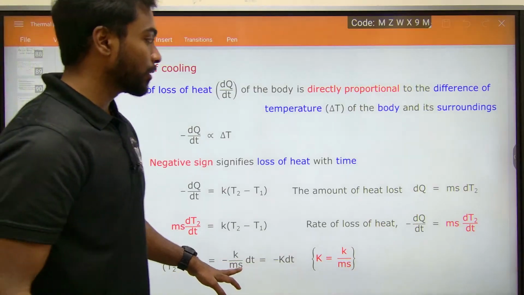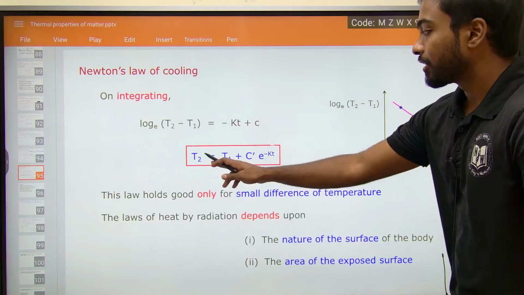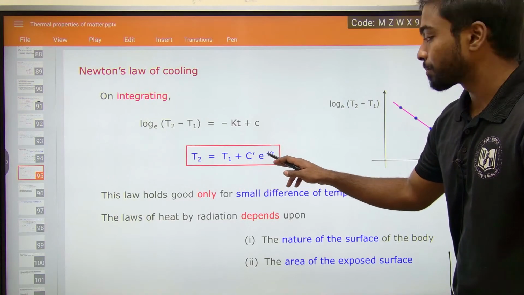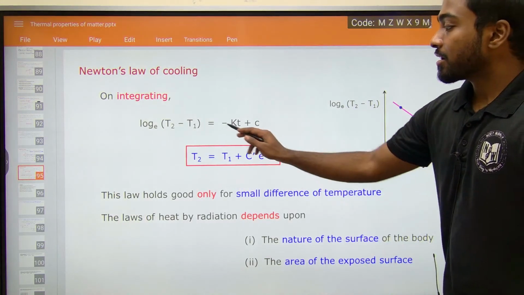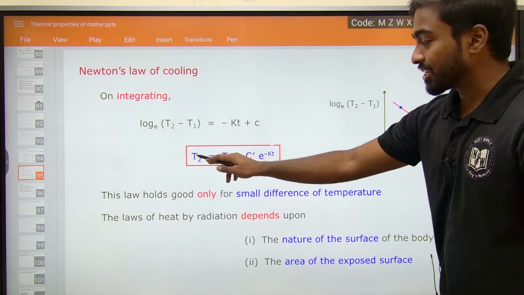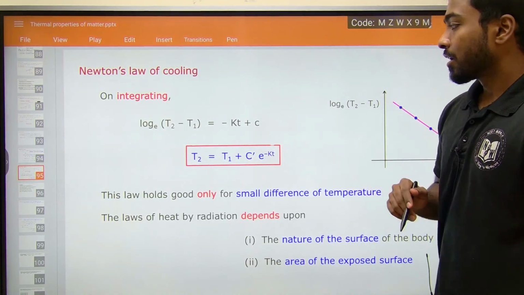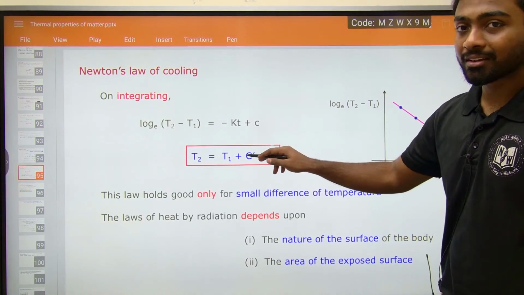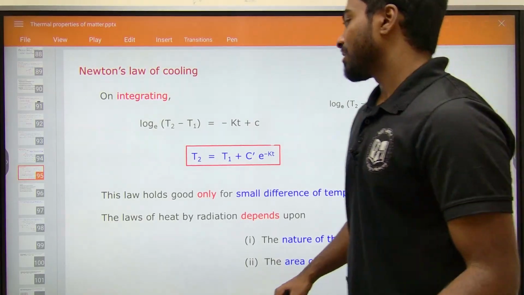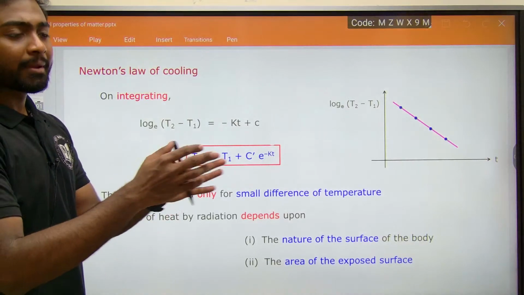We will get the formula as T2 = T1 + C' e^(-kt). So the change in temperature is C' e^(-kt), where C' is a constant. This law holds good only for small temperature differences, not for big temperature differences.